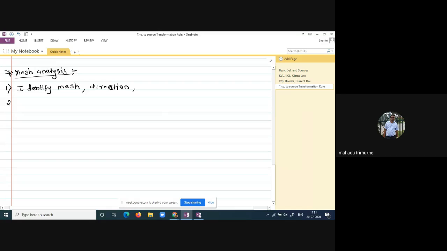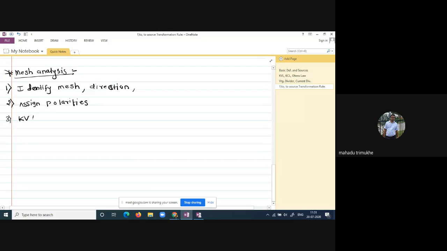Second step is what? Assign the polarity for the voltage across the branches. Third step, you apply KVL around the mesh and use Ohm's law to express the branch voltage in terms of unknown mesh current and the resistance.